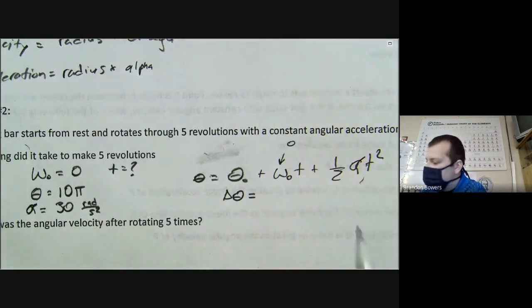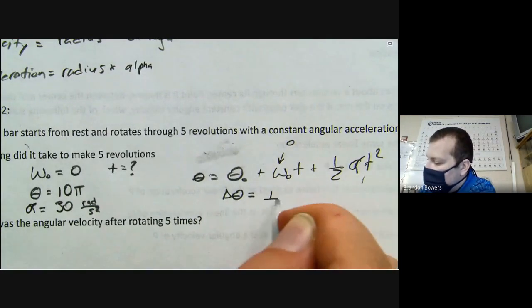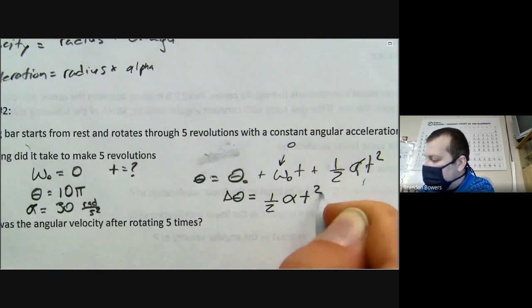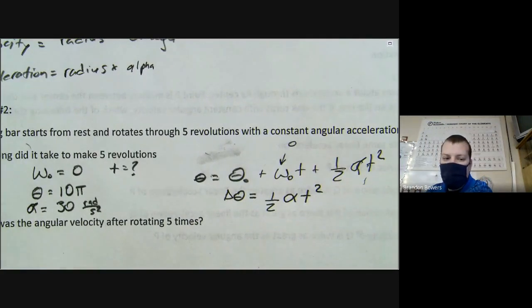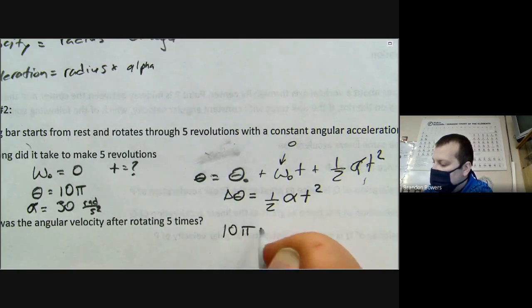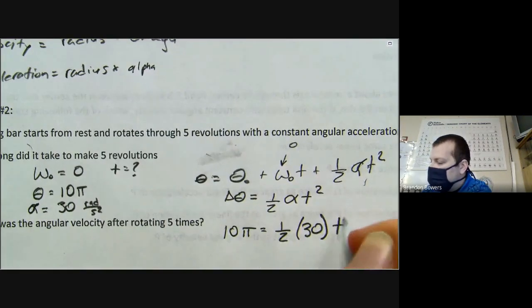So my change in theta is equal to 1/2 alpha times time squared. My change in theta was 10 pi, which is equal to 1/2 times 30 times time squared.